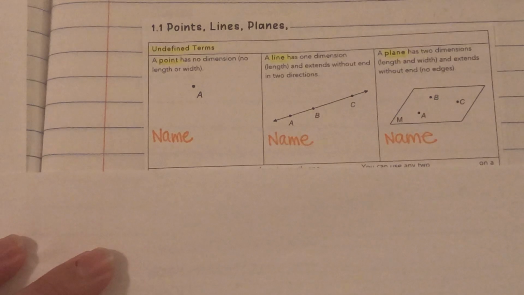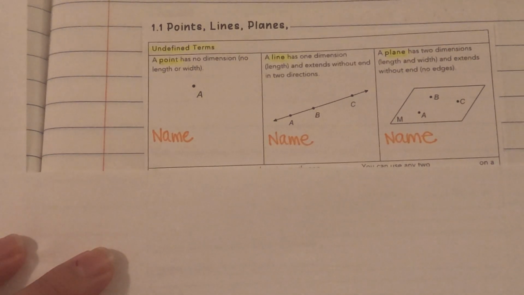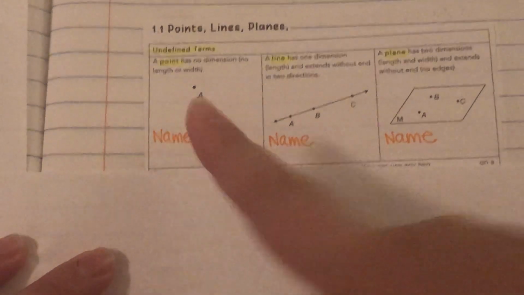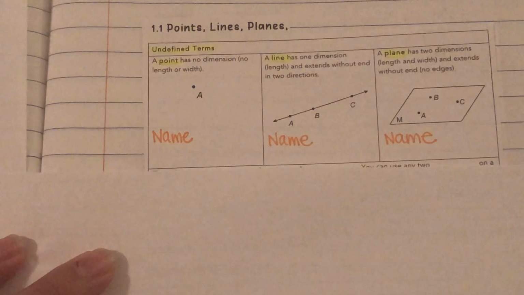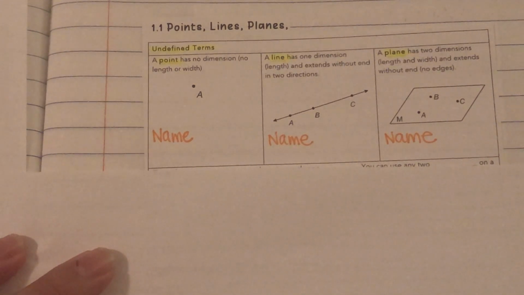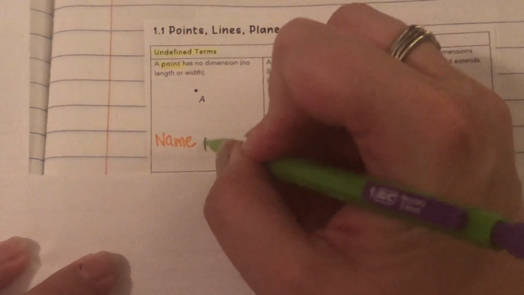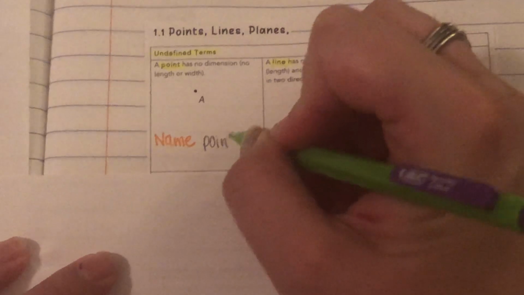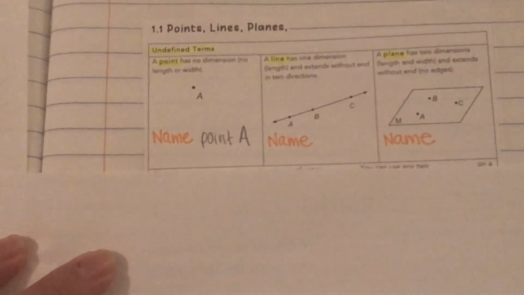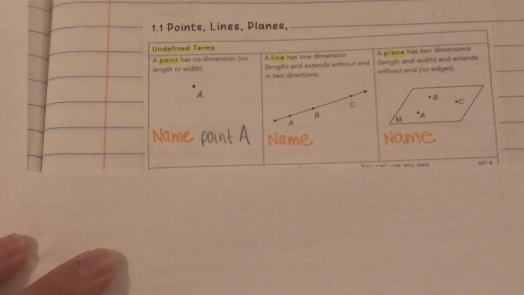So the difference that you're going to see in geometry is you're going to see a capital letter next to that point. And that capital letter, and in this case it's A, is there for naming purposes so that we can all look at the same point, the same dot on a piece of paper. So if I were to name this point, I would simply call it point A. And you have to use a capital letter because that's just universal.